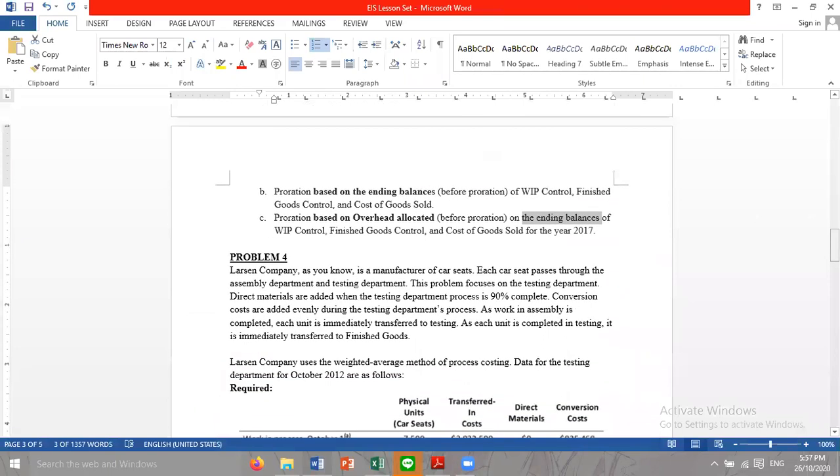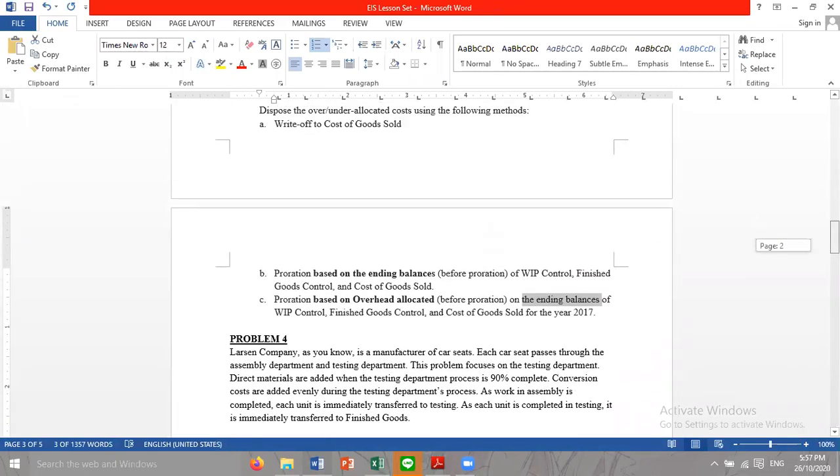Now, problem 4, we will be going to process costing. So maybe I'll explain a little bit of the theories on process costing. Process costing is not really the opposite, but it's a different approach to allocating costs compared to job costing. We use process costing to allocate costs when our business model produces masses of identical units of products or services.